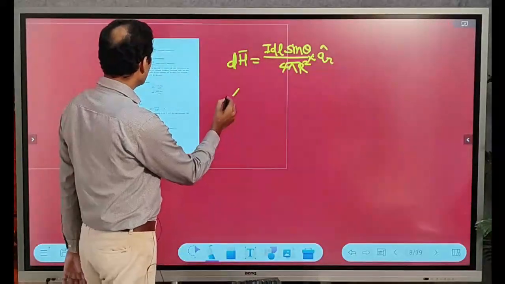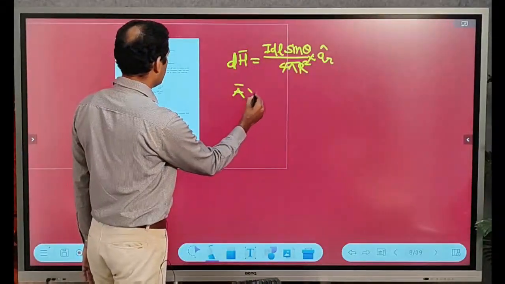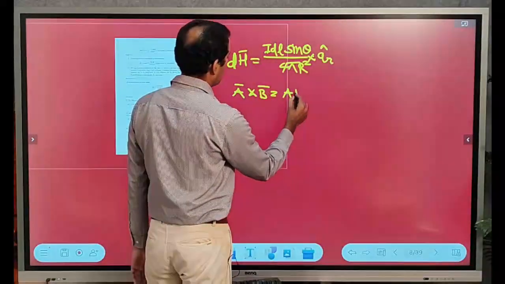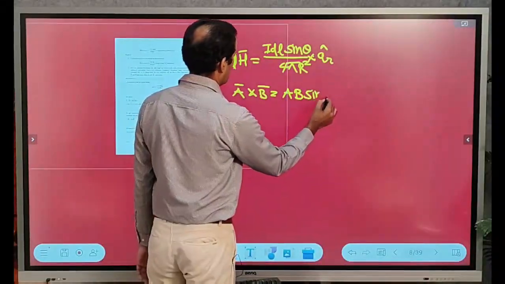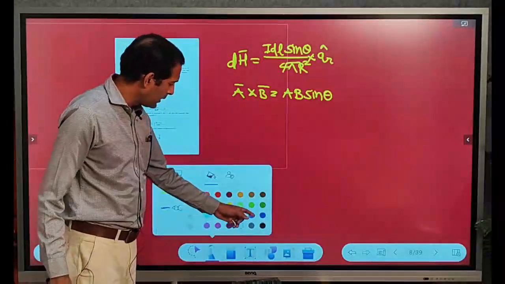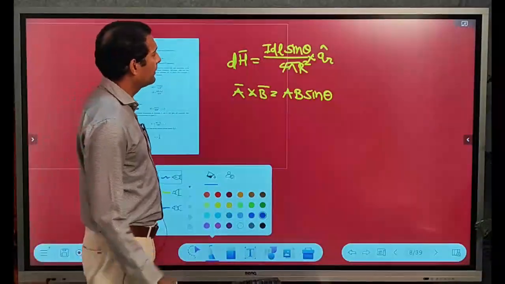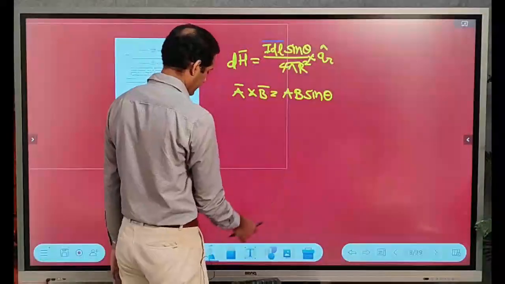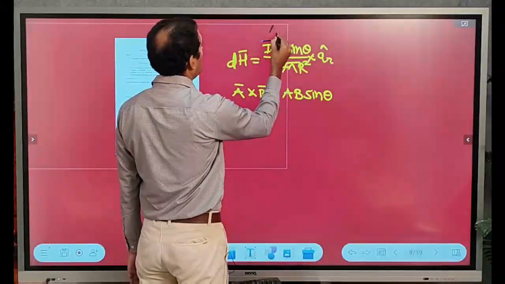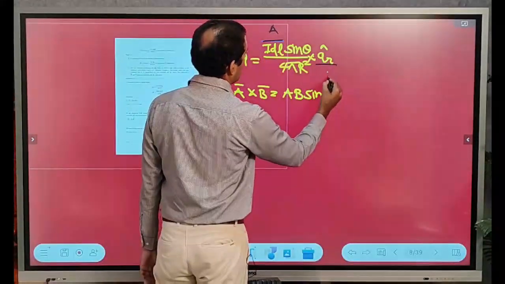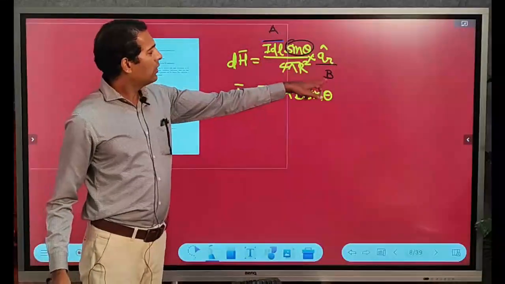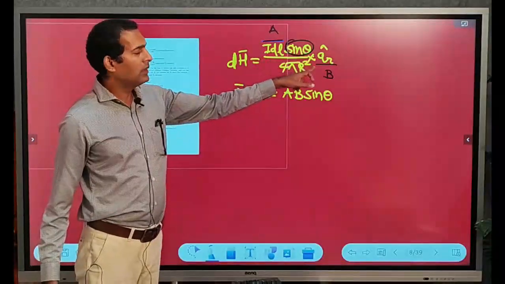If we have to take A cross B, then we can write it as AB sine theta. Now in our expression we will consider one term as A and one term as B. So let us consider I dl as A and a_r cap as B. Sine theta is there. So A cross B is written as I dl sine theta.